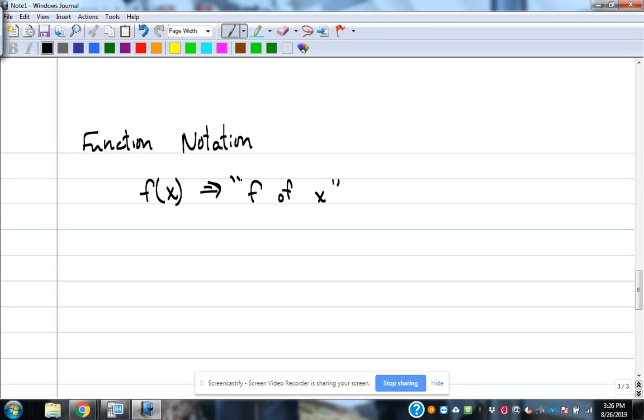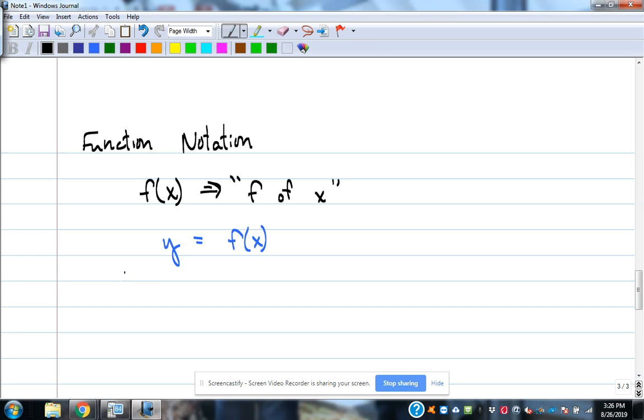It is the same thing as Y. It's a more descriptive way of telling what Y is. It says Y when X is a certain number. That's what F of X is. It's notation for specifically a certain X value.